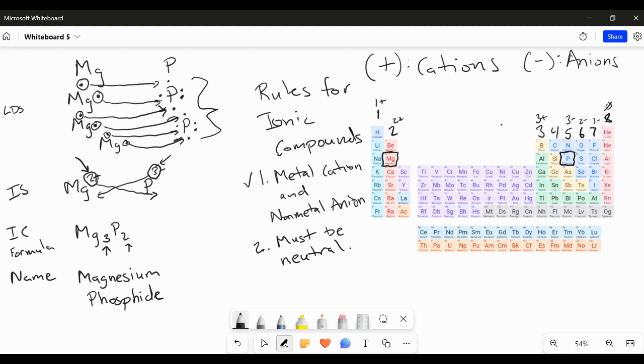And if we look at the charges, magnesium has a +2 charge, phosphorus has a 3- charge. But we have to multiply these by the subscripts. So 2 times 3, that's 6 positives. -3 times 2, that's 6 negatives. 6 positives and 6 negatives, those cancel out, so we are neutral.